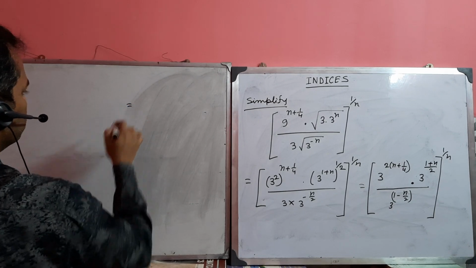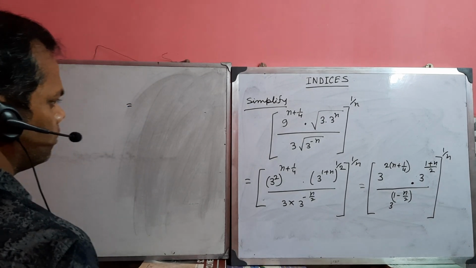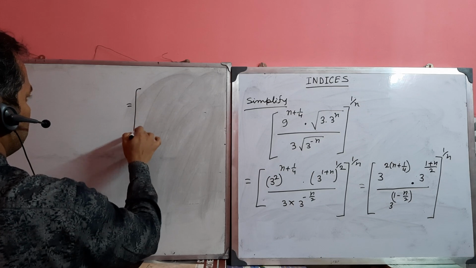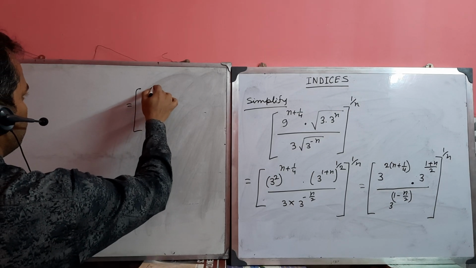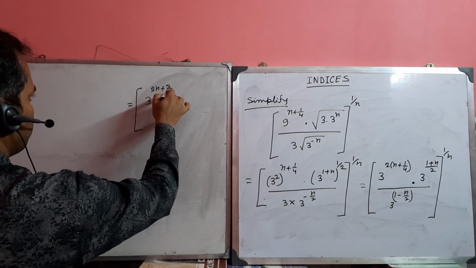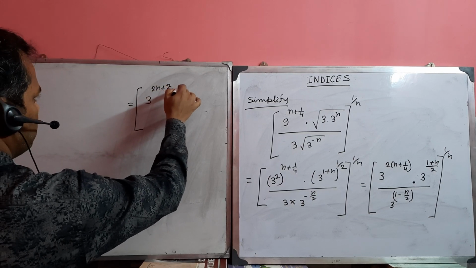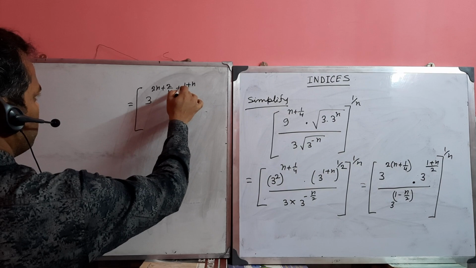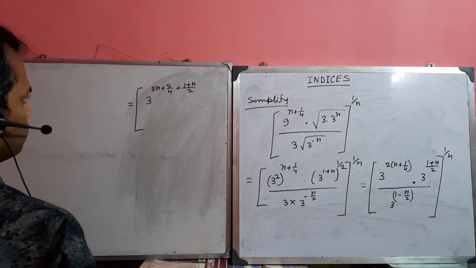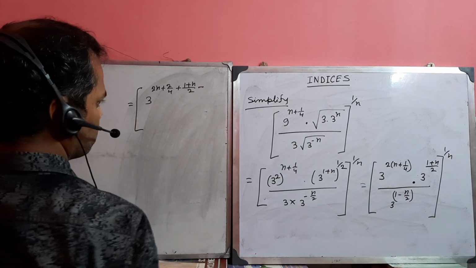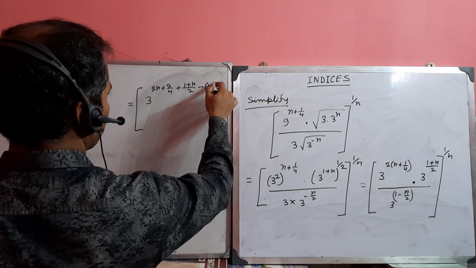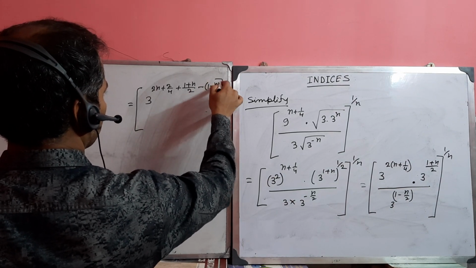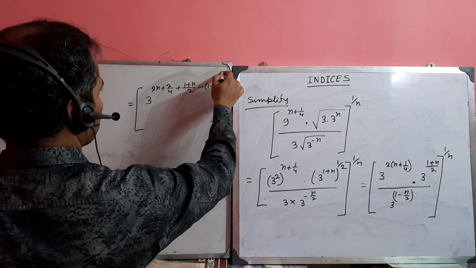This one equals 3 to the power 2n plus 2 by 4 plus 1 plus n by 2 minus 1 minus n by 2, whole to the power 1 by n.